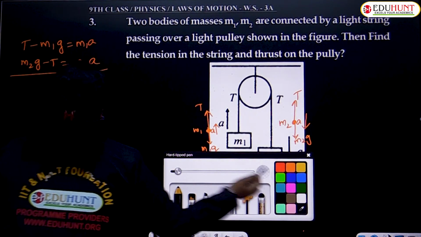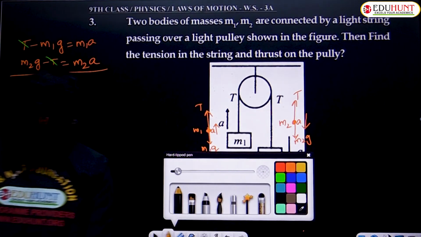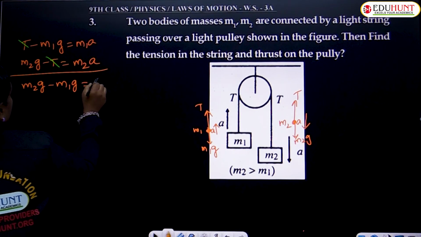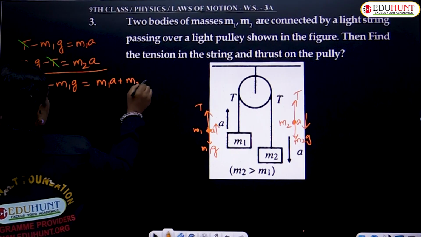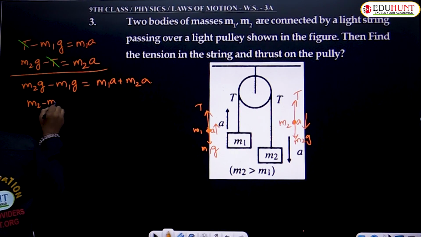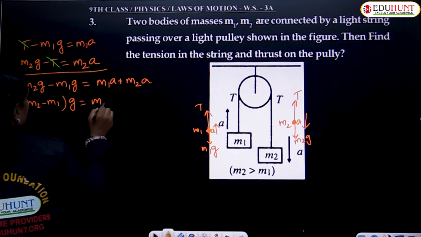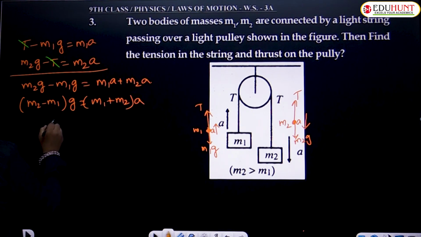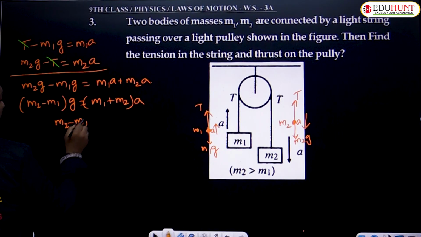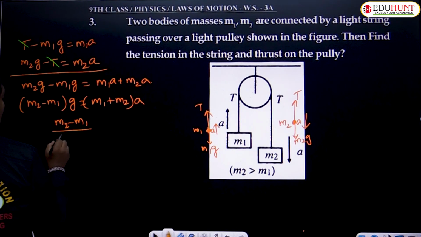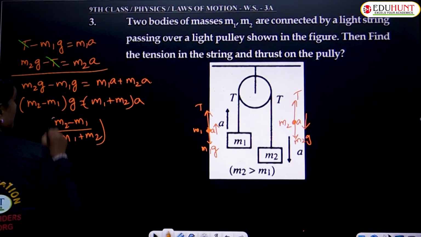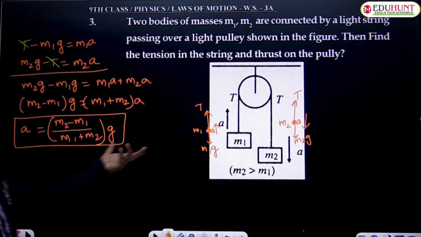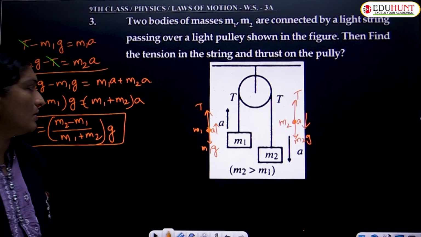We know that plus T and minus T get cancelled. So we are left with M2G minus M1G equals M1A plus M2A, or (M2 minus M1) times G equals (M1 plus M2) times A. Bringing M1 plus M2 to the other side, we have A equals (M2 minus M1) upon (M1 plus M2) times G. We have already discussed this in explaining the concept of the pulley.